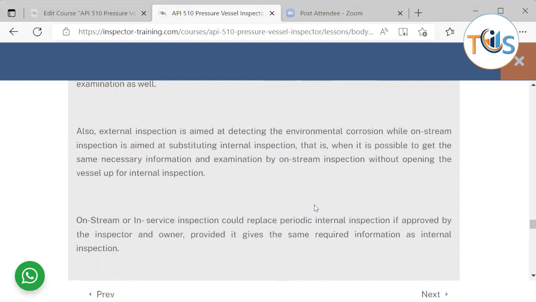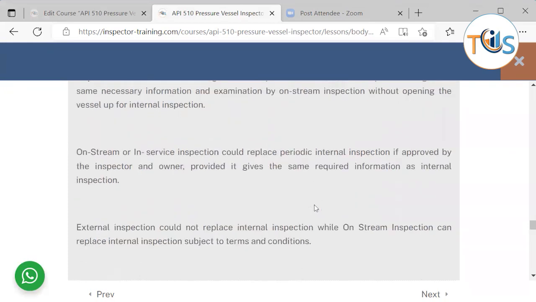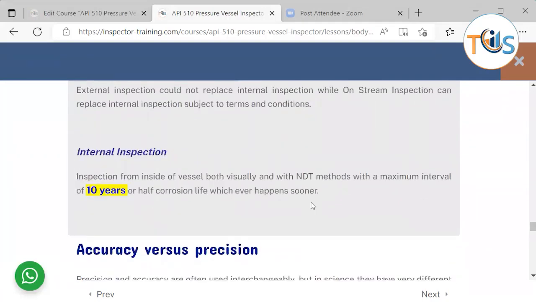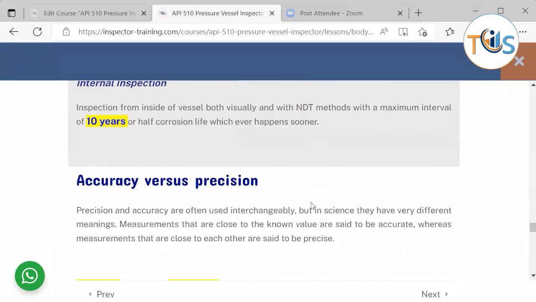The external is mostly aimed at detecting environmental corrosion, while on-stream is aimed at substituting for internal inspection, where it's possible to get the same amount of information to determine the inspection interval and the corrosion rate. So under certain circumstances it could replace internal inspection. For internal inspection, the maximum interval is 10 years.